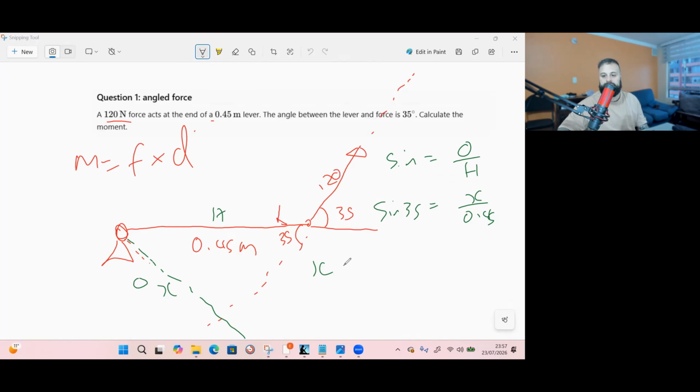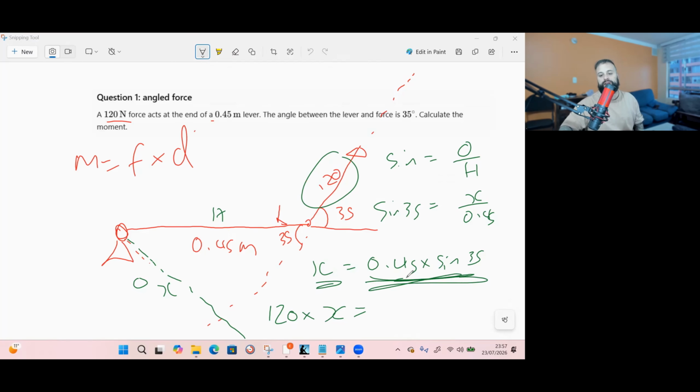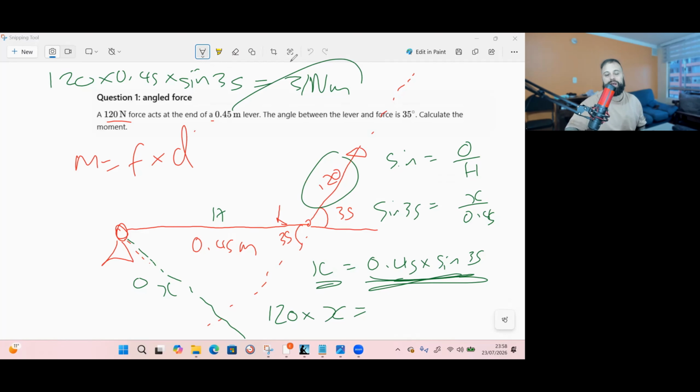So X is equal to 0.45 times sine 35. Then we need to multiply it by the force. So we do 120 times 0.45 times sine 35, and what we get is 31 newton meters. And that is my answer.